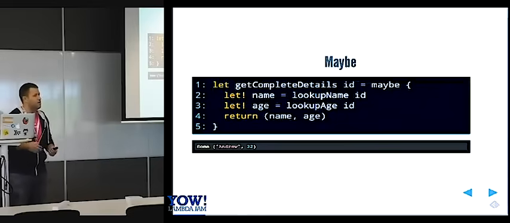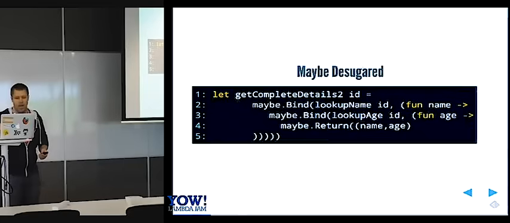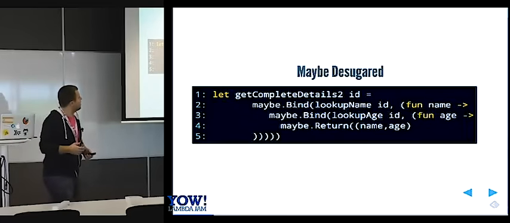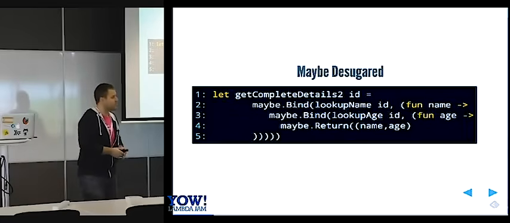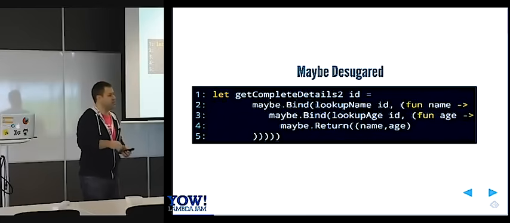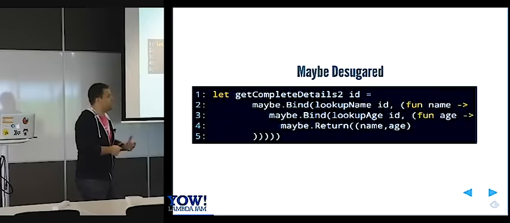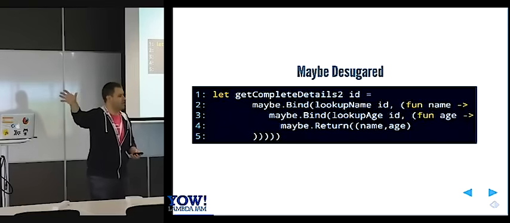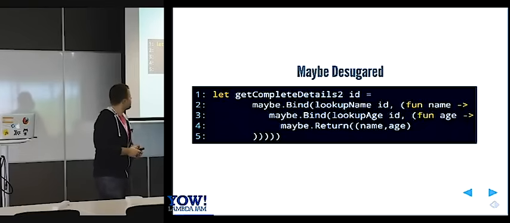So what the compiler does for me is it transforms my code into something that looks like this. It's taken maybe and called the bind method on it for each of the let expressions. The first argument to the bind method is just the right-hand side of the let exclamation mark expression.